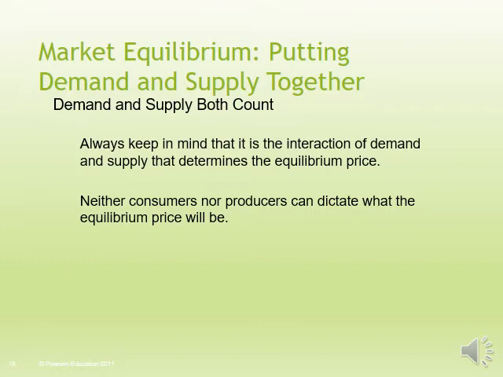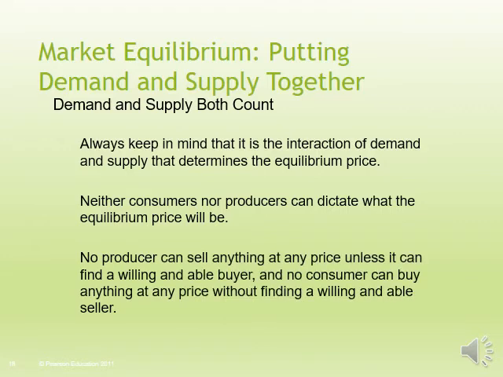The petrol stations can't just suddenly decide to sell petrol to you at $80 a litre, because they know no one's going to buy it at that price, or very, very few people. The demand from the buyers in turn influences the price that they will set. And so the interaction of demand and supply is what determines the equilibrium price.